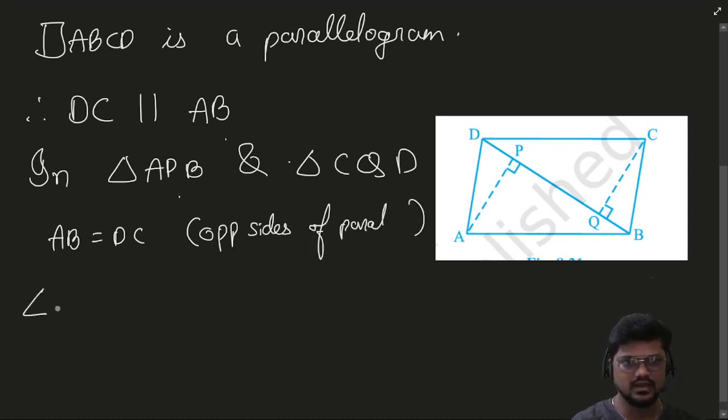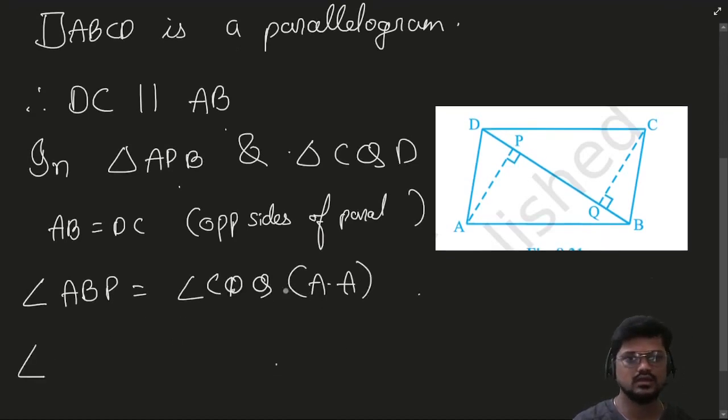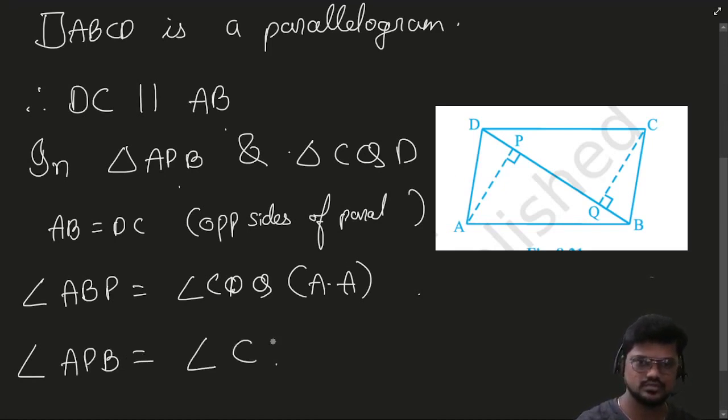After that, angle ABP will be equal to angle CDQ. What is the reason? Alternate angles. And angle APB is equal to angle CQD. What is the reason? Each is 90 degrees.